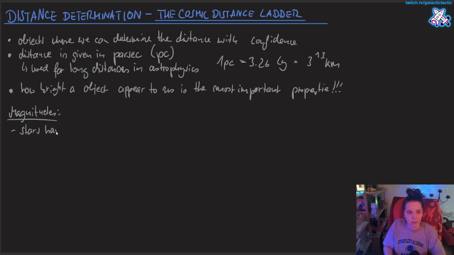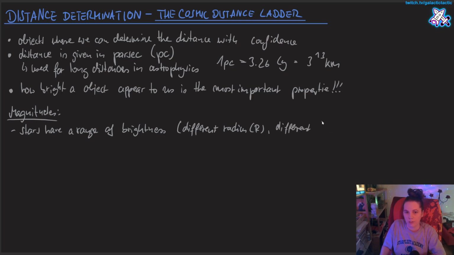They have a range of brightness because of a different radius, for example, we use R for this, or a different temperature, T. So a higher temperature and a larger radius will usually result in more luminosity, right?